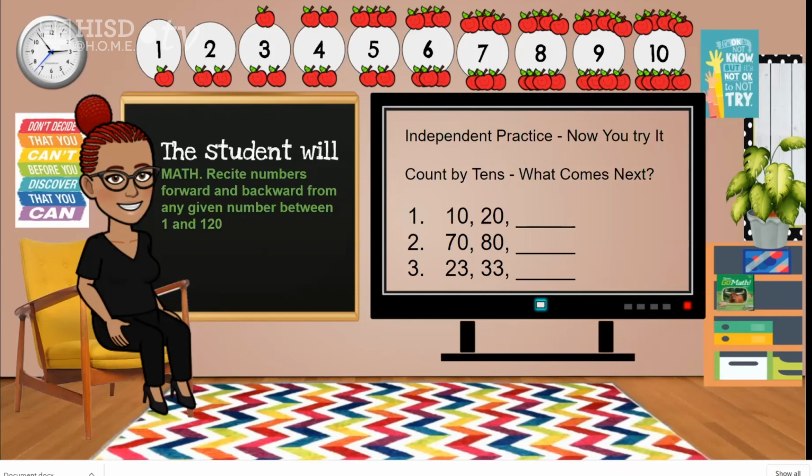We also said when we're using the 100 chart, counting by tens, the numbers end with the same digit. I hope you learned a lot, boys and girls, and are ready to do that independent work now on your own.